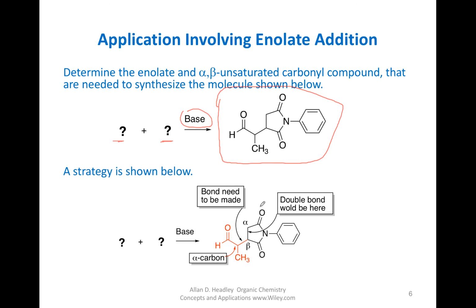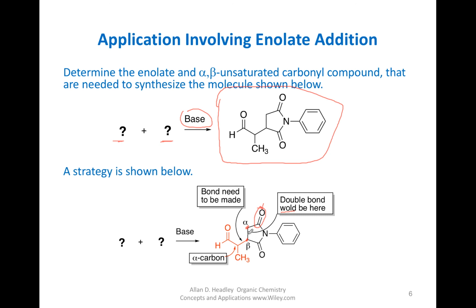First, here is our carbonyl. Here is the alpha carbon. Here is the beta carbon to this carbonyl. So more than likely, this could have been the alpha beta unsaturated carbonyl right here. So the double bond would have to be here. By the way, I just noticed a misspelling here.